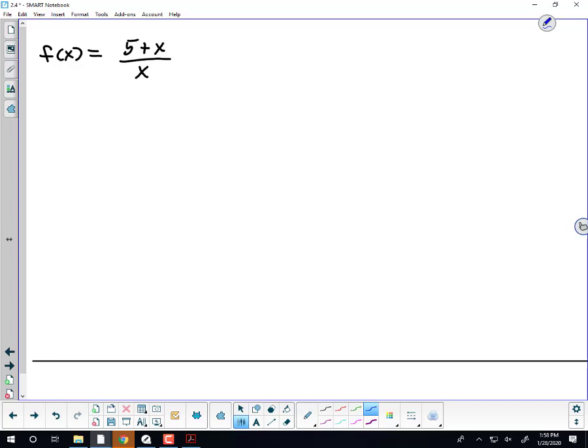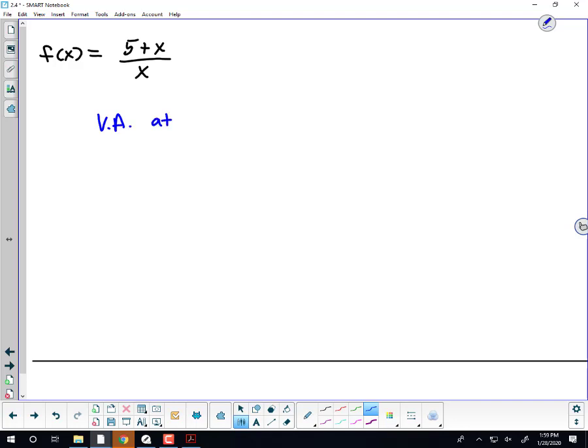Rational functions. So if I'm computing a limit on that, and I'm clueless, I can just say, all right, well, I'm dealing with a rational function. What does algebra tell me about rational functions? What do we know about the function 5 plus x over x? It can't be simplified, right? So what does that mean? No holes. There's no holes in this function. Where is this function's vertical asymptote?